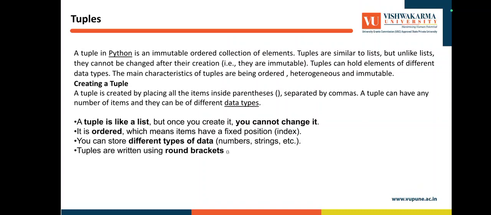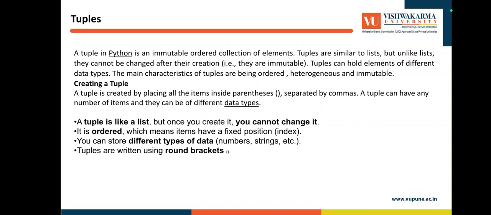Creating a tuple. The way of creating a tuple is by placing all the items in parentheses separated by commas. A tuple can have any number of items and they can be of any data type, meaning integer, string, boolean, float, etc. A tuple is like a list, but once it is created, you cannot change it.